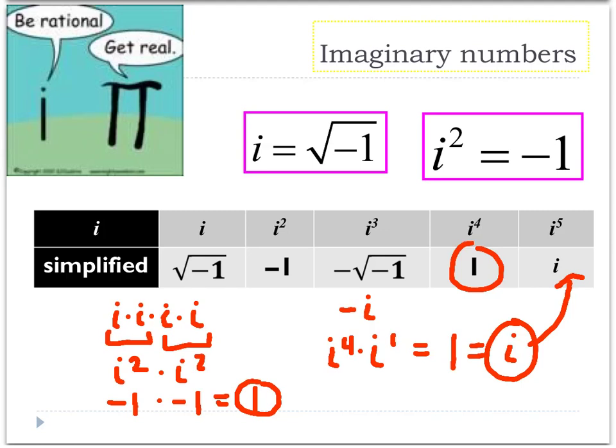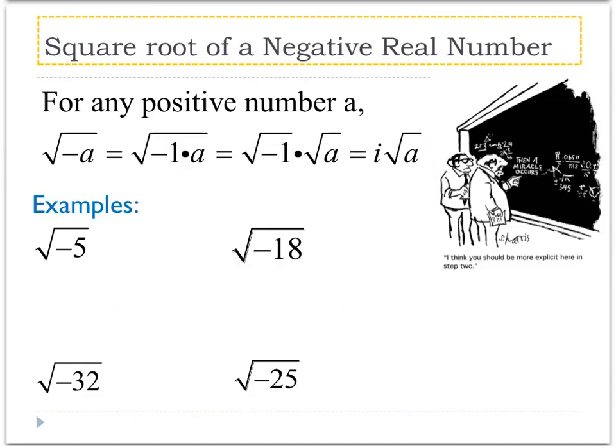But it's always good to remember to try to use your exponent properties to rewrite the number into something that you're familiar with, okay? So I rewrote i to the fifth as i to the fourth times i to the first because I knew what i to the fourth was. Or I rewrote i to the fourth over here as i squared times i squared because I knew what i squared was. So always have a reference point and use your exponent properties.